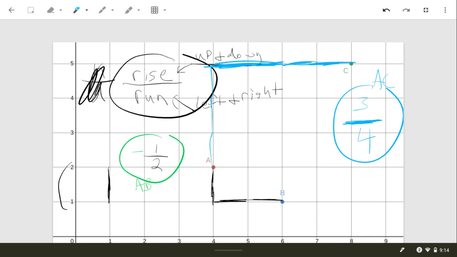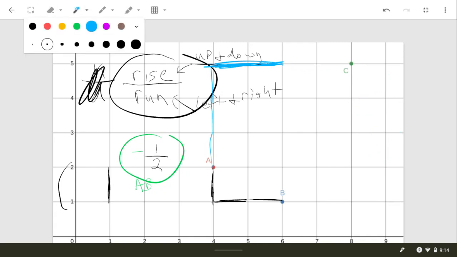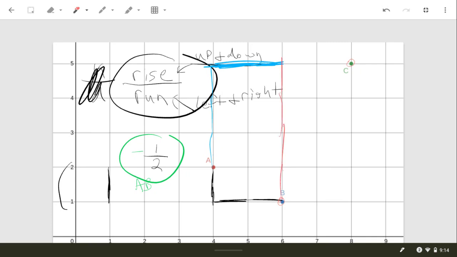Last one to do here, let's do BC. Let's make it in red here. From B to C, it is positive slope, so it's not going to have a negative. We need to count how many it goes up: 1, 2, 3, 4.